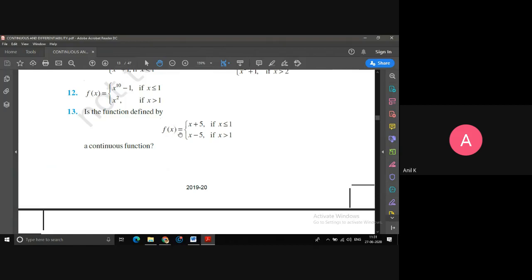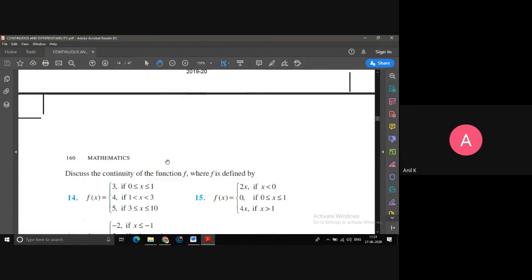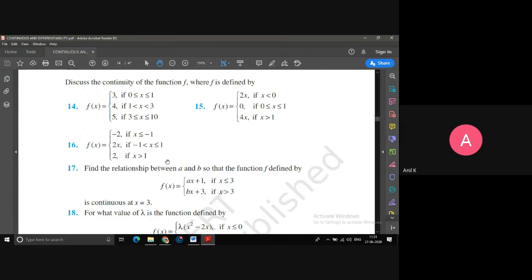Is the function defined by f of x equals this one a continuous function or not? Even question number 14, 15, 16. In question number 14, you have to find the continuity at x equals 1 and at x equals 3. At x equals 0, you need not find it because x is greater than 0.